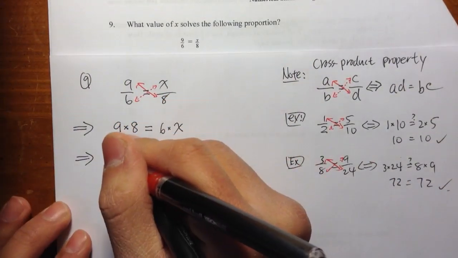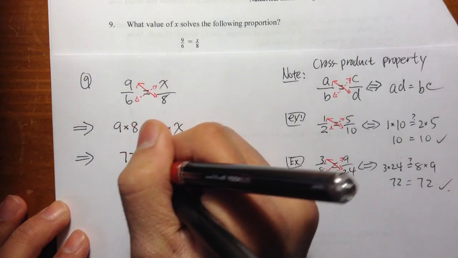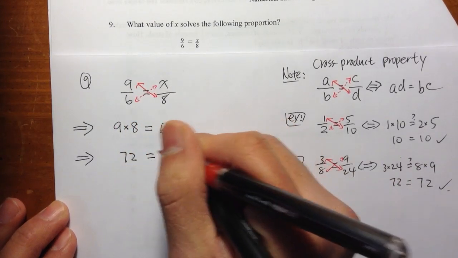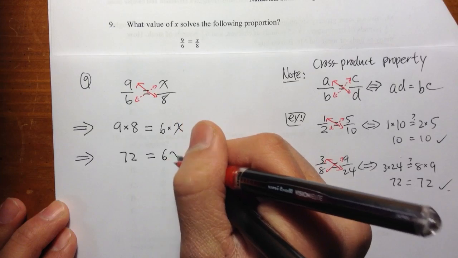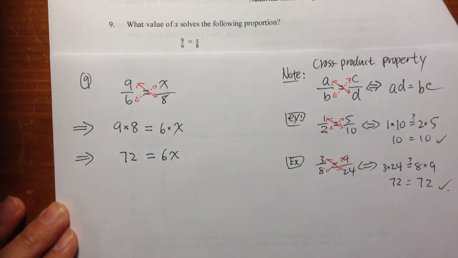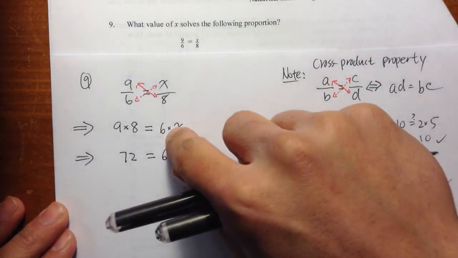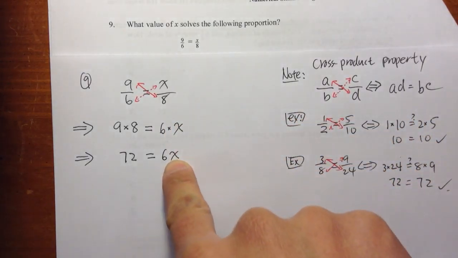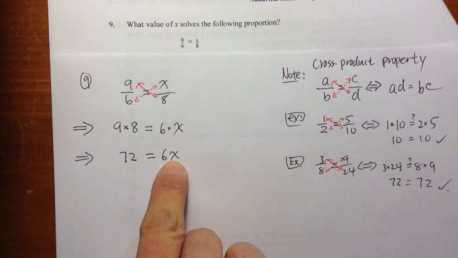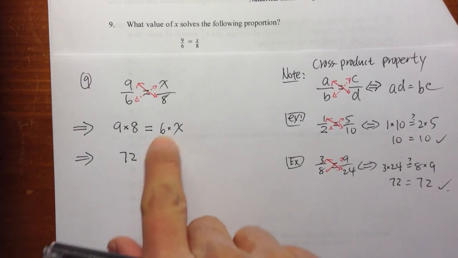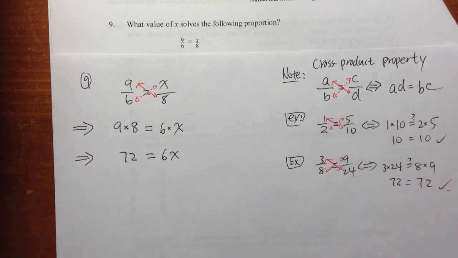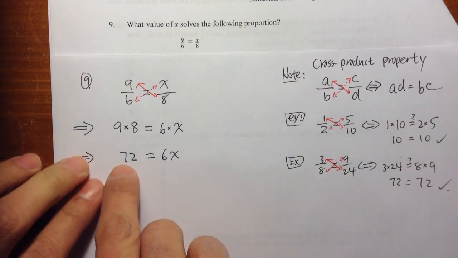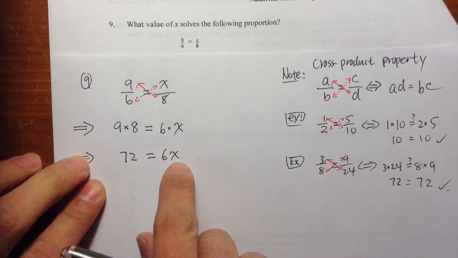Right here, 9 times 8 is 72. That's equal to 6 times x. Let me just write this as 6x, because in algebra, if you don't have any operation between the number and the variable, 6x means 6 times x. Okay, 72 is equal to 6 times x.